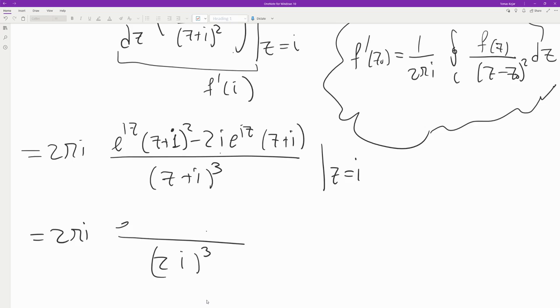So e inverse, so minus e inverse times 4, and then plus e inverse plus 4.